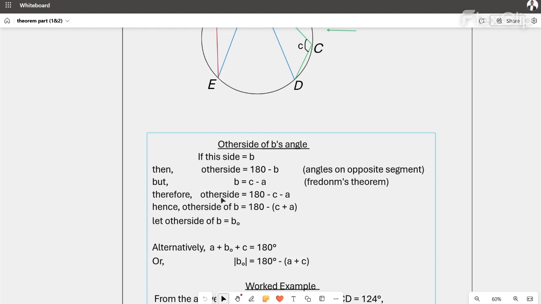Therefore, the other side is equal to 180 minus (C minus A). Hence, the other side of B is equal to 180 minus C plus A. If you factorize the equation, let the other side of B be equal to B naught.